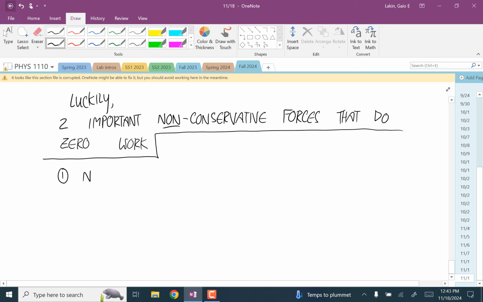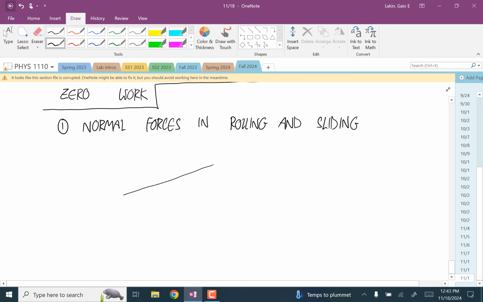The first one is normal forces in rolling and sliding. I mean, we've used those kind of forces over and over and over again. And if you think about what they do, like if you have an object that's rolling along a surface like this, the velocity is this way or the opposite of that.